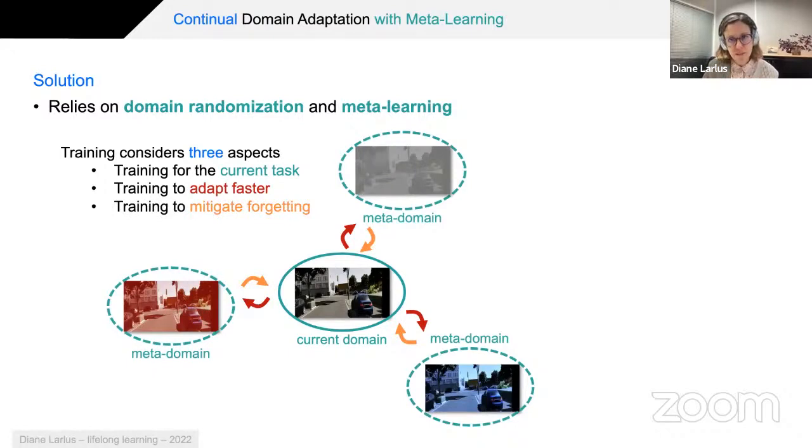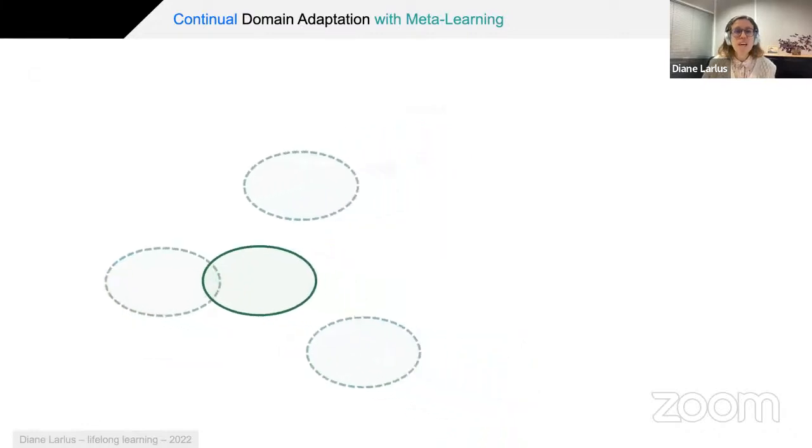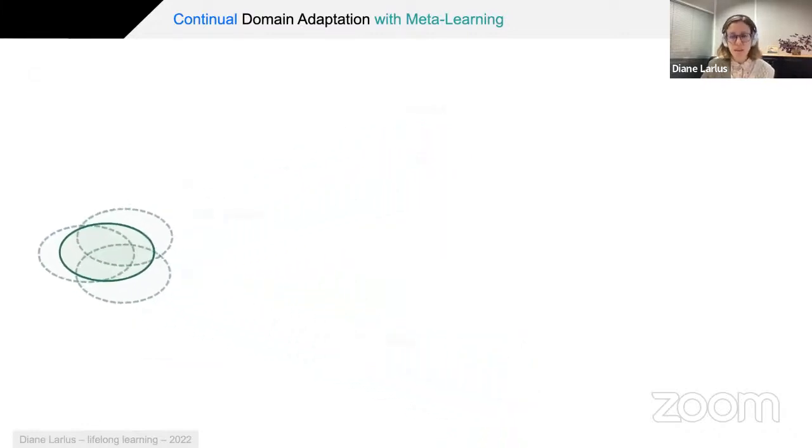By doing that, we can train a model that is ready to be adapted and that is going to be more resilient to forgetting. Because everything happens during training, this is really neat because this technique can be deployed without changing the existing pipeline. This is just changing the loss function, the objective you train. You don't change anything in the rest of your pipeline.